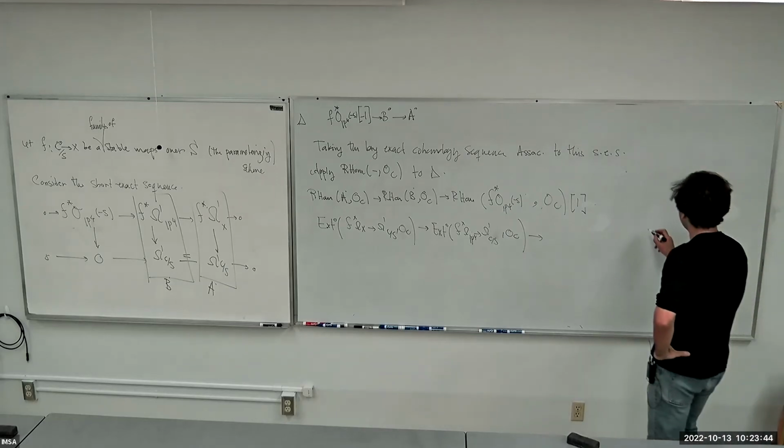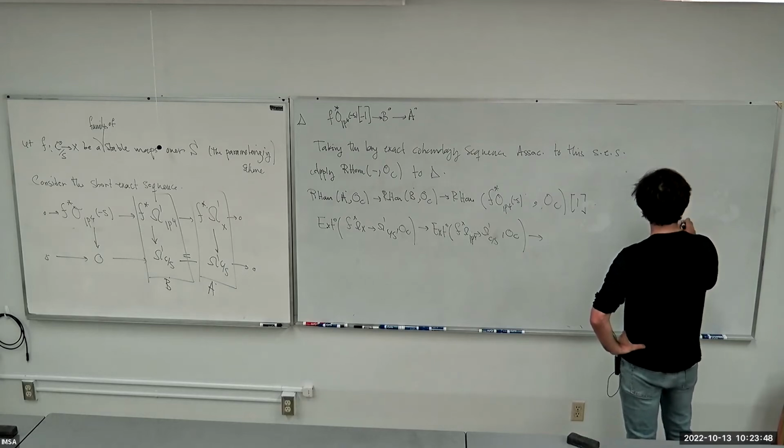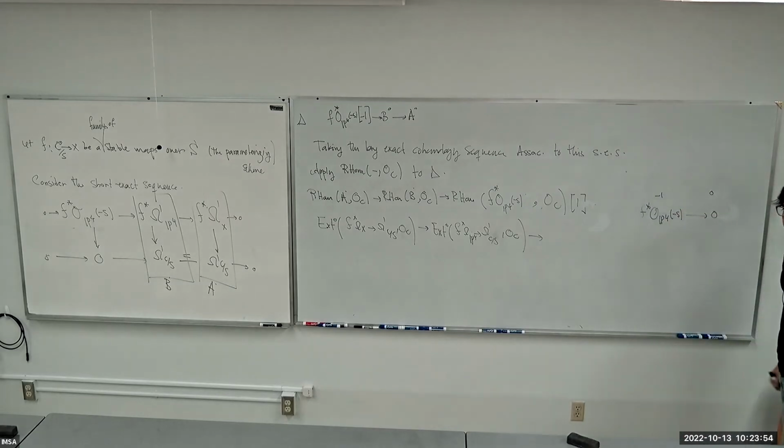So I have OP4 of minus 1, minus 5, and 0. This is degree 1, this is degree 0. Okay?